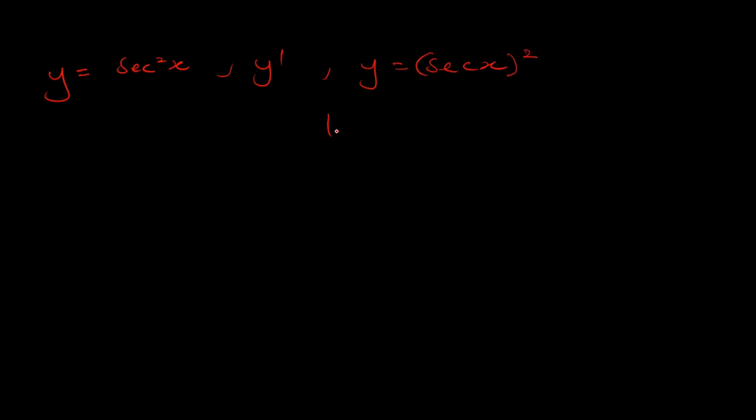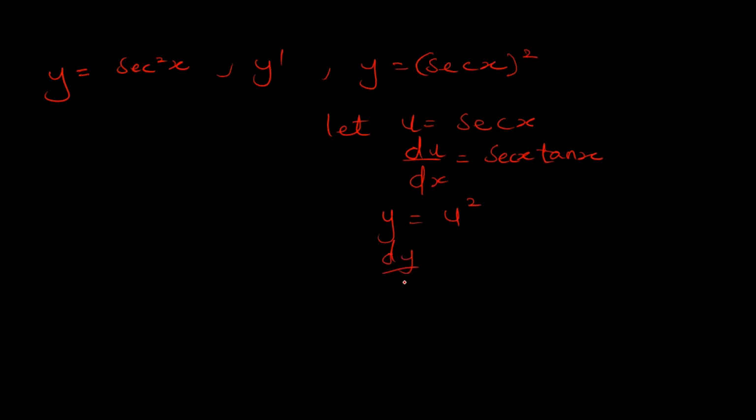So we can let our u be sec x and our du over dx is going to be, what's the derivative of sec x? We are going to have sec x tan x. So our y is going to be u squared, because u is sec x. So dy over du will be equal to 2u like this.